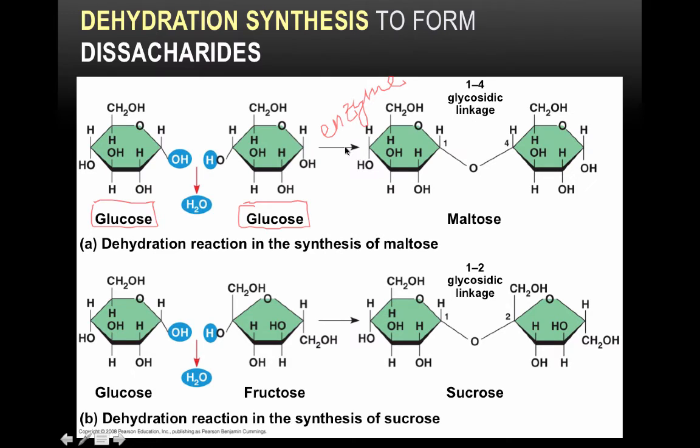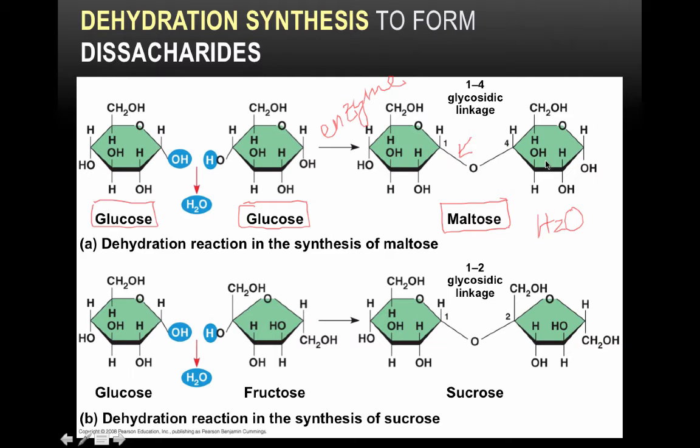That enzyme will capture the 2 glucose monomers, remove 2 hydrogens and an oxygen from them, as shown over here, and then create a new covalent bond linking those 2 molecules together. So here is that new covalent bond. The resulting product is what we call a disaccharide because there are 2 sugars making it up. A disaccharide in this case called maltose.